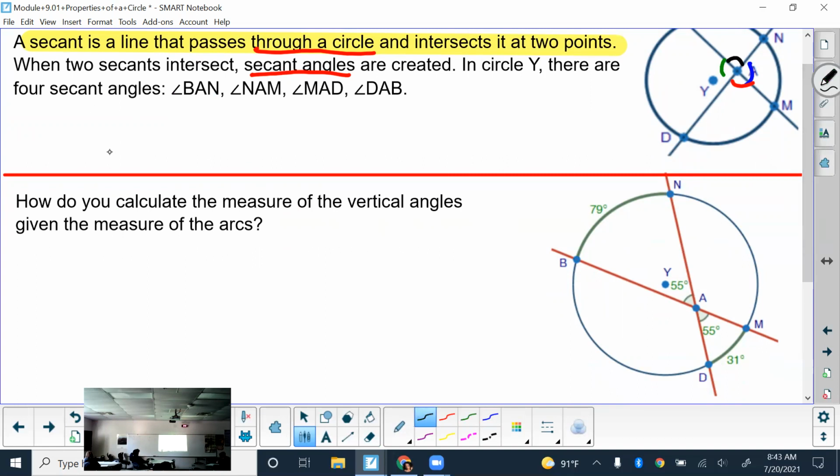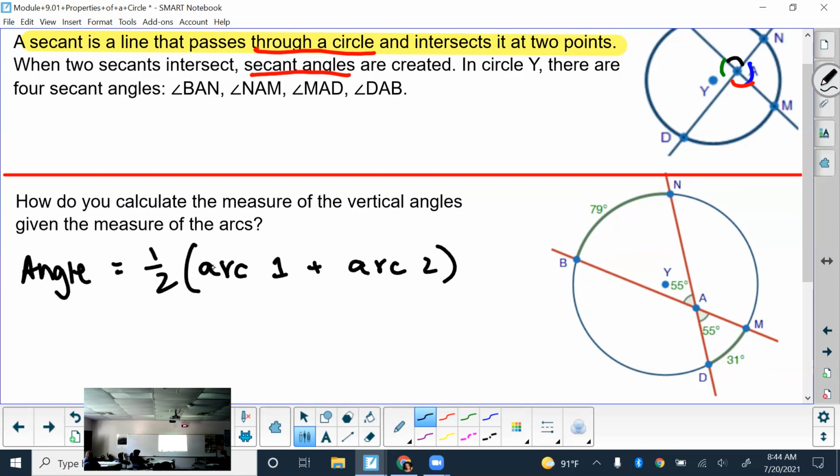So for secant angles, if you leave it in this slide, I think you'll be able to find it on your test. So the angle will equal half of arc 1 plus arc 2. All right, so write that down on this slide, top of page 6.